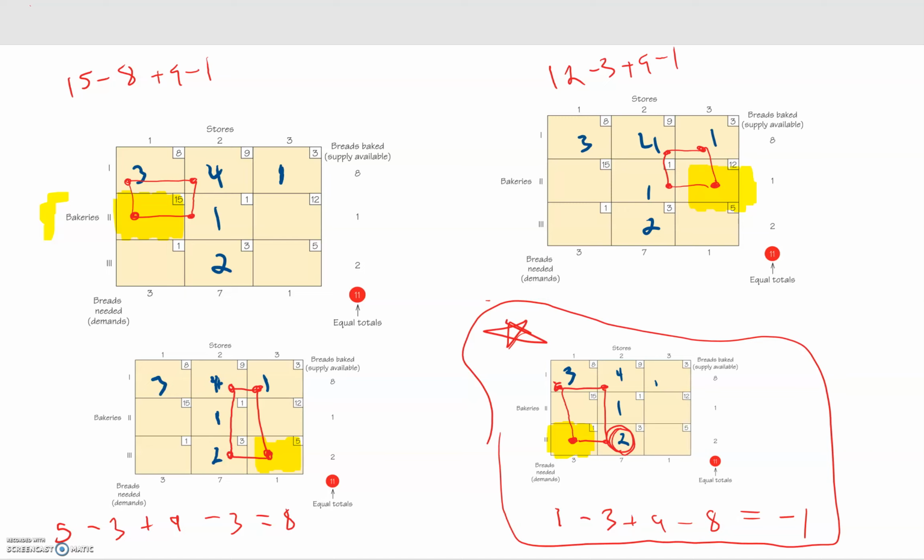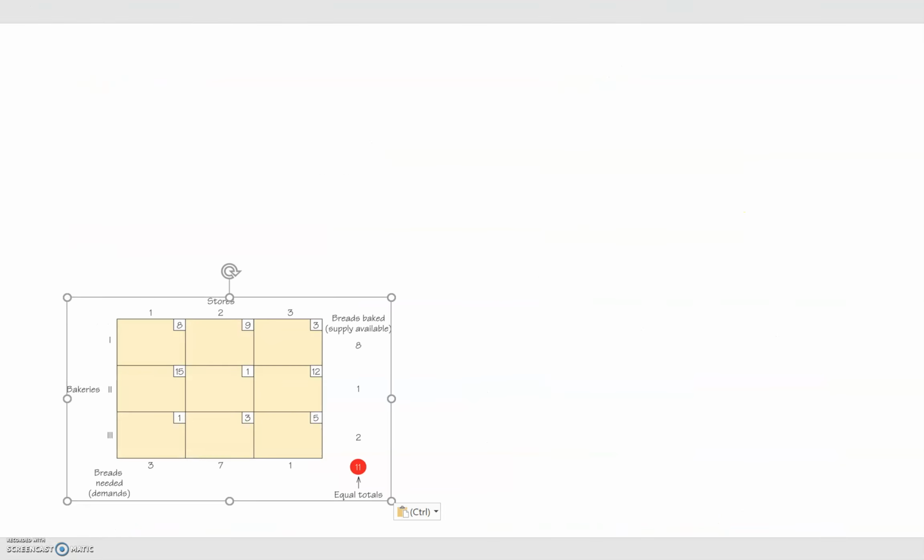So if the minimum is 2, that means that I can actually ship 2 from this cell rather than just 1, because I can take 2 away here. So none of these point values is, that's 3, 4, 2, and then that one's going to be 2. So that means I can ship 2. And so we are going to do that.